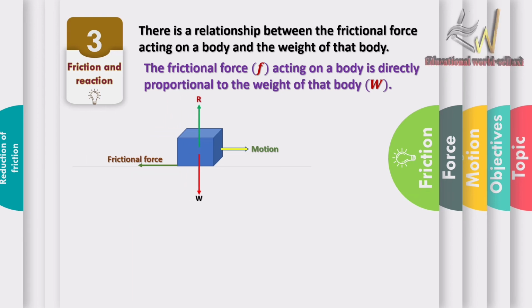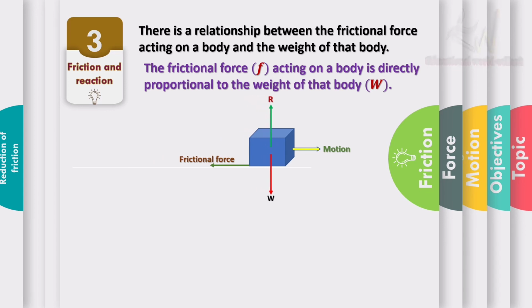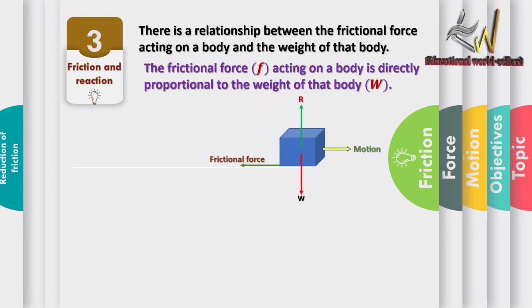So if the object moves, now the frictional force acts in opposition to the motion of the body. So what is happening here now? Remember I said that the frictional force is directly proportional to the reaction, which is equal to the weight. Now, removing the constant of proportionality, we have a value which is called the coefficient of friction.